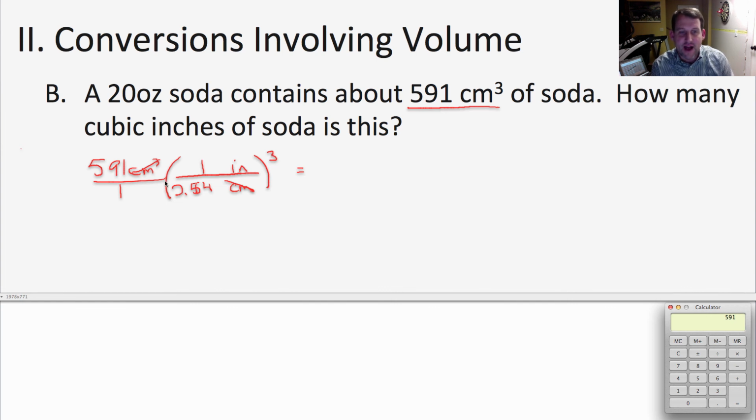So instead of just dividing once, I'm going to divide 3 times. So I'm going to say divided by 2.54, divided by 2.54, divided by 2.54, and that's going to equal only 36.1.